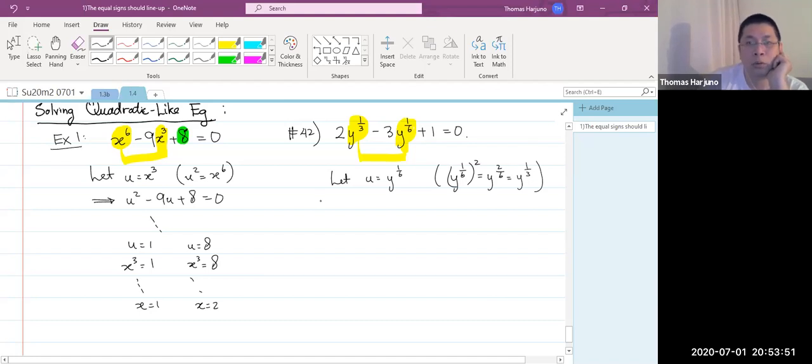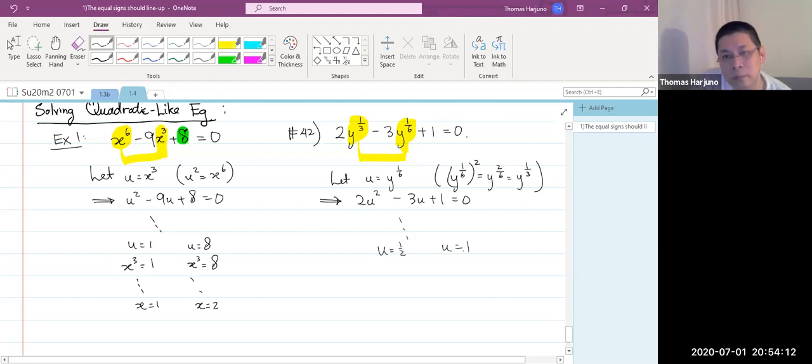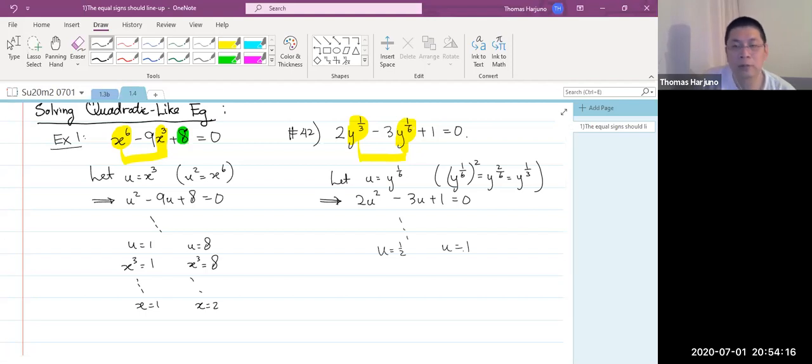So the equation now becomes 2u squared minus 3u plus 1 equals 0. Okay, and then I believe you can factor it. Fast forward, you will get u equals 1/2 and u equals 1. Okay, you solve it yourself. Factor it. And then I look back, my u is y to the 1/6.